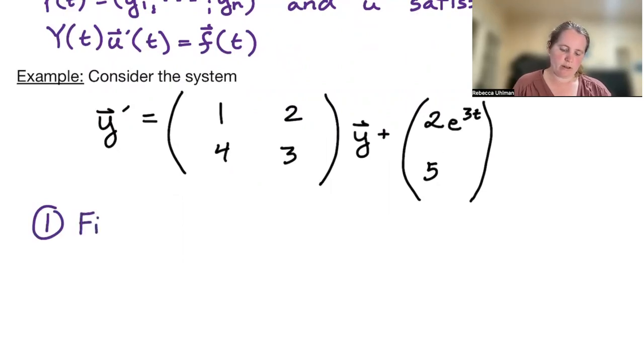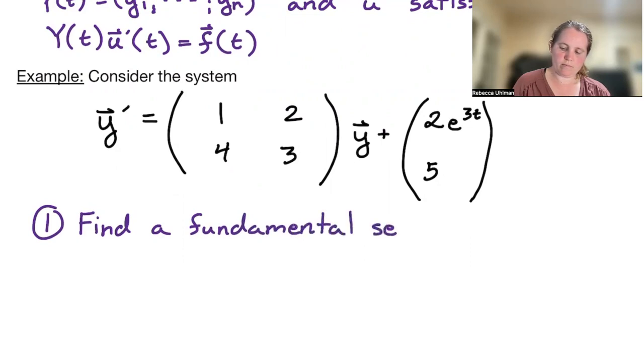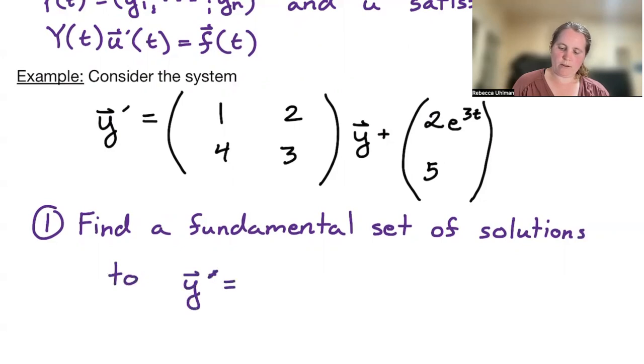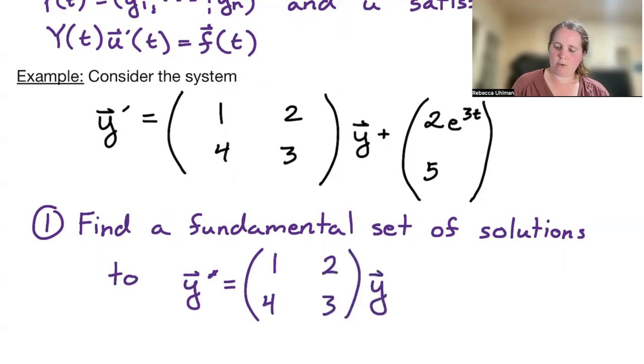So we need to find a fundamental set of solutions to the system y prime is equal to 1, 2, 4, 3 times y.